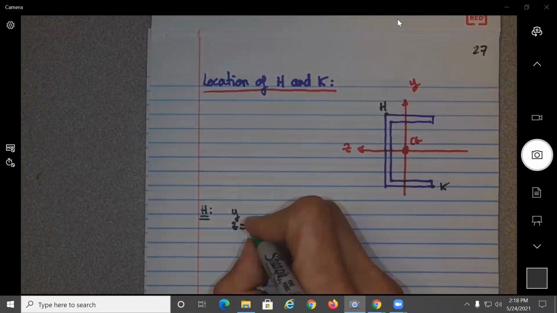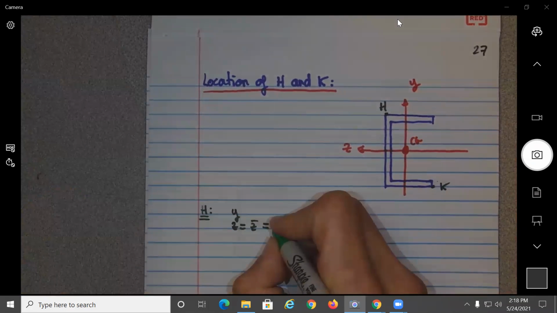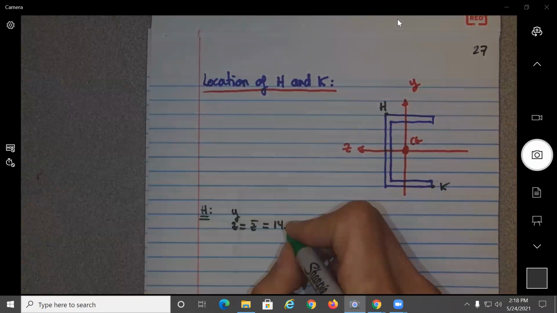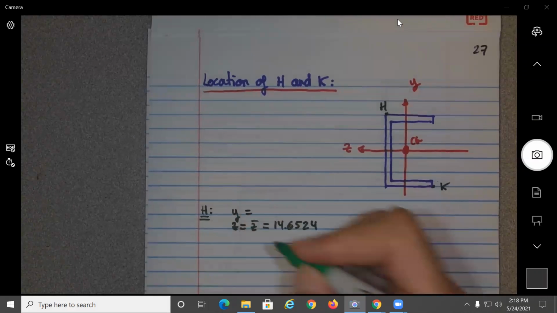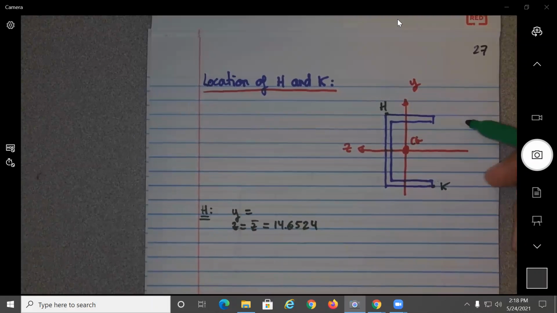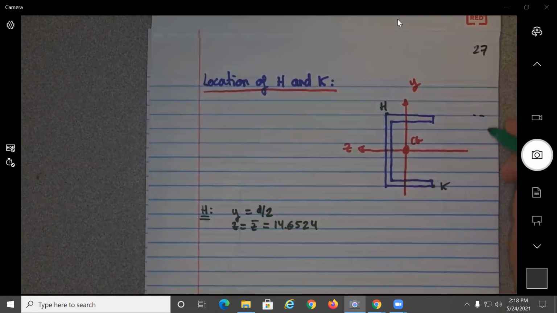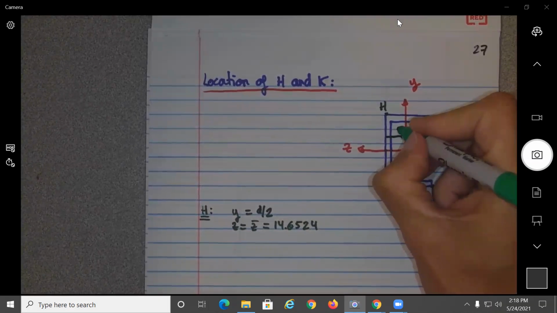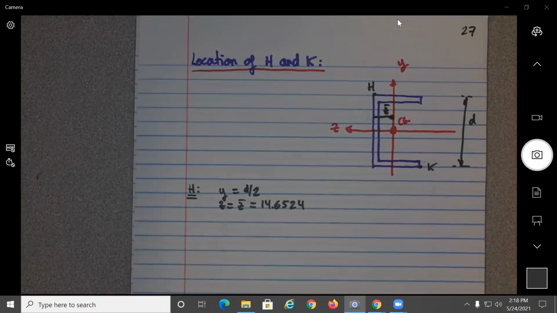Should be the Z bar that we say was equal to 14.6524. And what would be the Y? Would just be D over 2. Okay, we know all this here is D. That distance here, this is Z bar. So we know point H and point K.